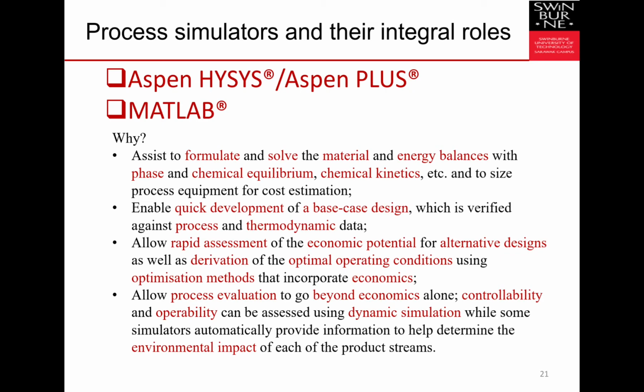It also allows process evaluation to go beyond economics, such as controllability and operability using dynamic simulations. Going further, some simulators can also provide information on the outlet products of your process to determine its environmental impact.